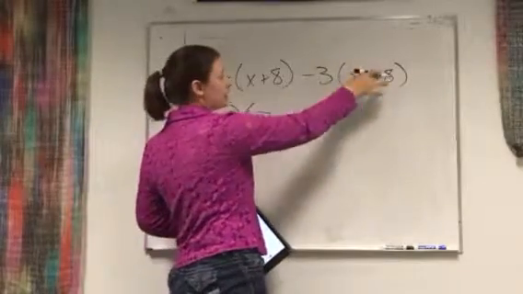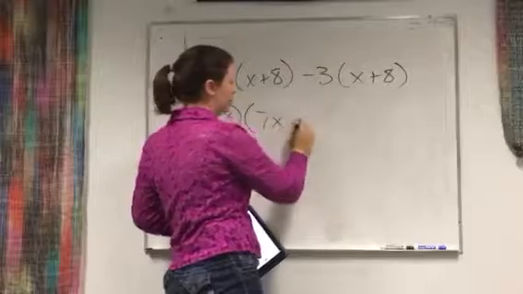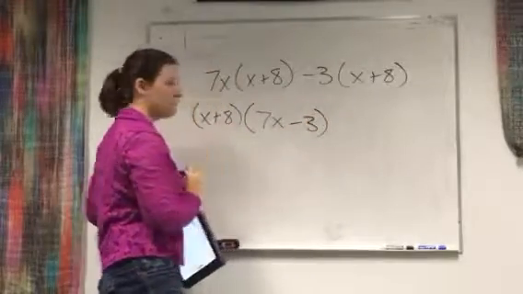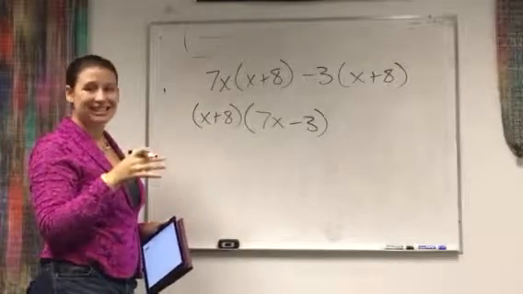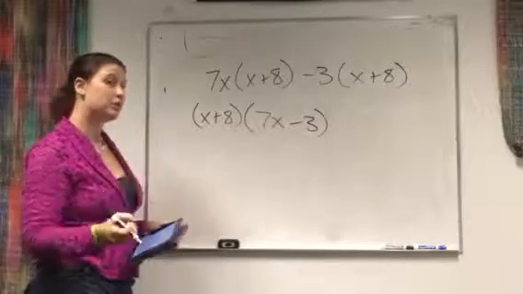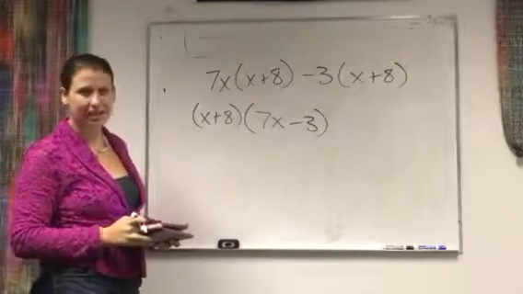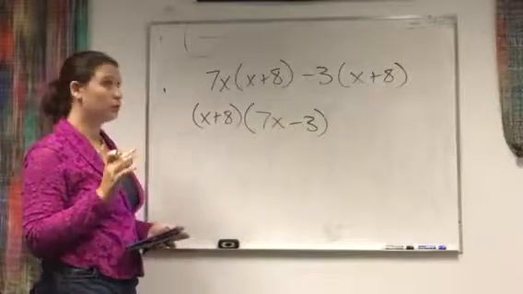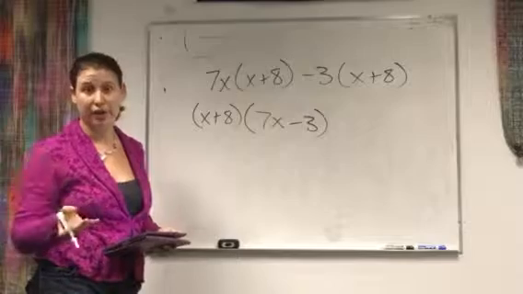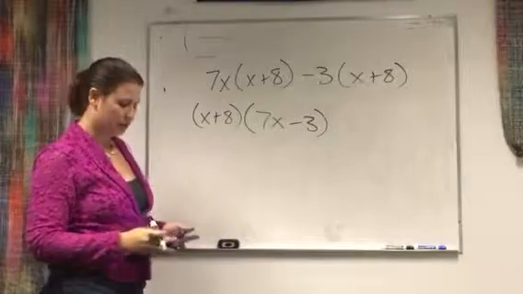This term, take away the (x plus 8), we're left with minus 3. Okay? So this is what we call the last step of a factor by grouping method. We'll get into that more in one of the other videos where I talk about different ways of trinomial factoring, like FOIL and things like that.